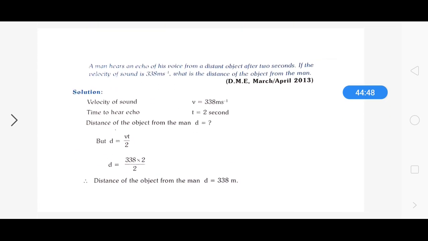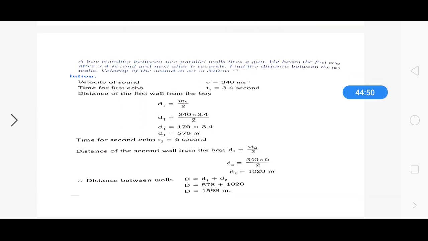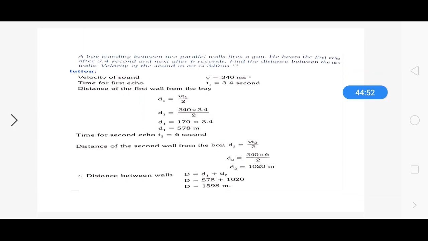So in the fourth problem, this problem will be somewhat difficult compared to the other ones. Here the boy is standing between the two parallel walls and fires a gun. The sound produced by the boy is moving in two directions. One sound wave is moving towards the first wall and another sound wave is moving towards the second wall.